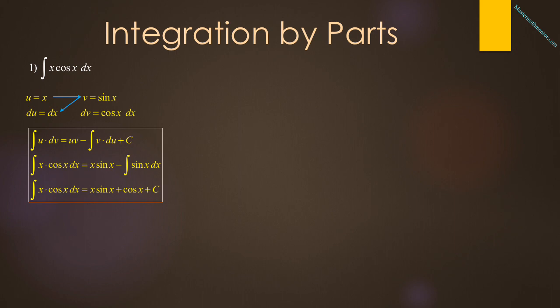I sometimes like to put little arrows on our chart to show the u and v and the du and the order that we use them in our formula. So we end up getting that the integral of u dv is uv, which is x sine x, minus the integral of v du, sine x dx.